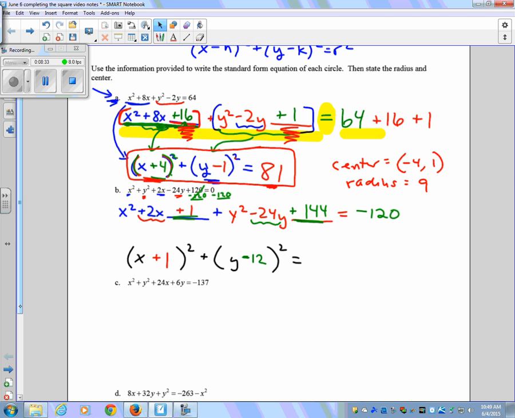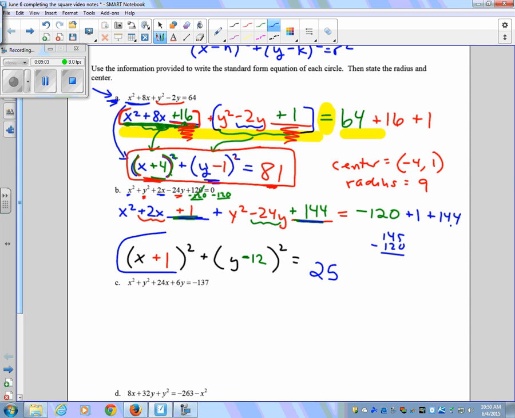And then don't forget to do the same thing on the other side. We added 1 and we added 144. So on the right-hand side, we end up with 145, because 144 plus 1, oops, sorry, not 145. 144 plus 1 is 145, and then we're going to subtract 120 from that, and we're going to be left with just 25.